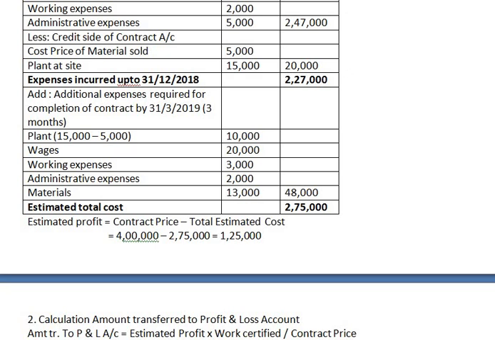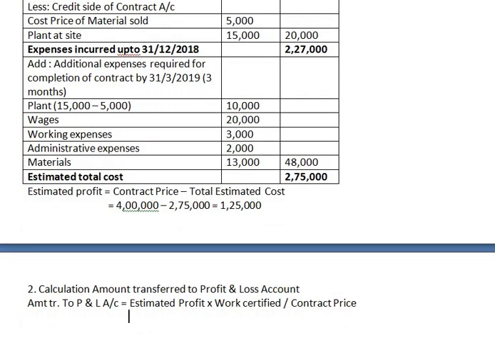Estimated profit we have calculated 1,25,000 into work certified given in the problem 3,60,000 divided by contract price 4 lakh rupees, which is equal to 1,12,500. So this is the amount transferred to profit and loss account.